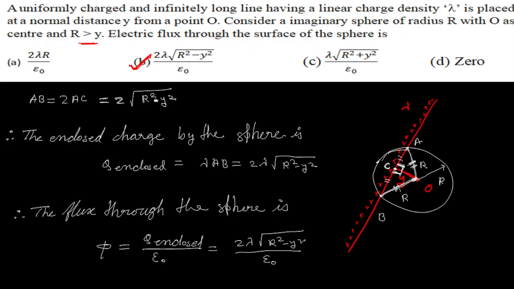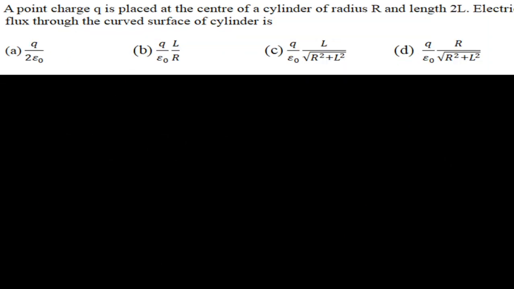Okay, now take a look at the third problem. In this problem, it is written a point charge Q is placed at the center of a cylinder of radius R and length 2L. The electric flux through the curved surface of the cylinder.